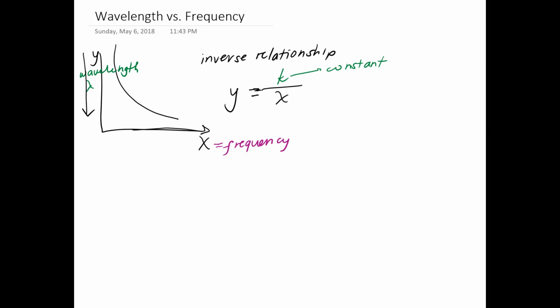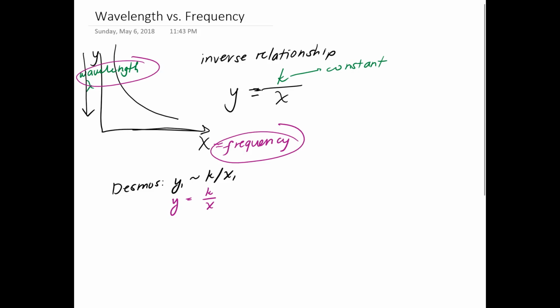So let's go to the mathematical relationship. In Desmos, you might have put in y sub 1 tilde k over x1. What the equation really stands for is y is equal to k over x. And y is our wavelength, and x is our frequency. So we're just going to replace what y and x are. So y was our wavelength, and we had a constant over our x, which is frequency.